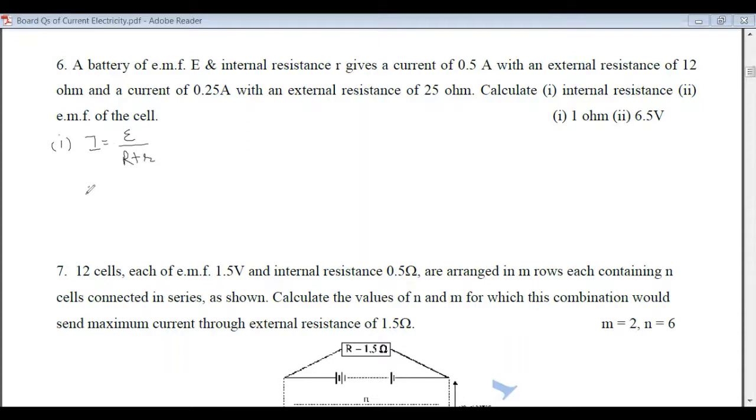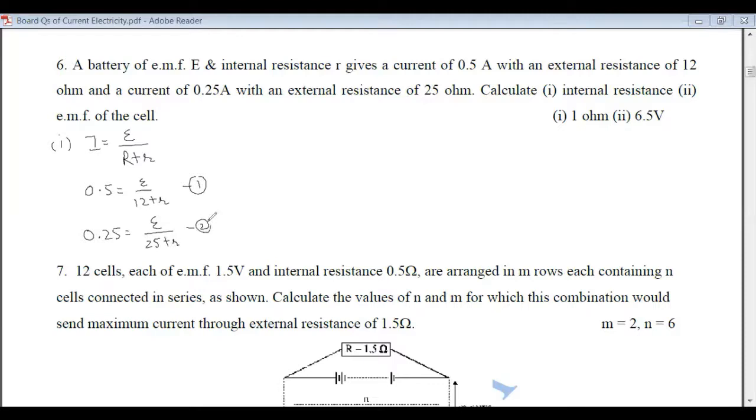So here the current is 0.5 amperes when the external resistance is 12 ohms. As the cell is the same, its EMF and internal resistance will remain the same. This is equation number 1, and it gives a current of 0.25 amperes when the external resistance is 25 ohms.